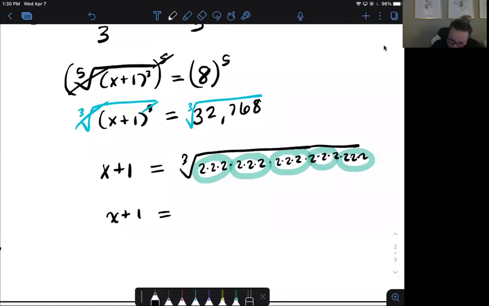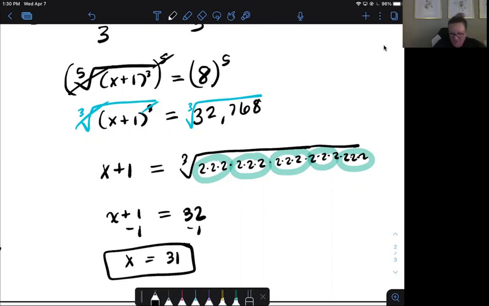So I figured out that the cubed root of 32,768 is 32. And 2 to the 5th, or 2 times 2 times 2 times 2 times 2, is 32. And if you double check that, 32 times itself 3 times is in fact 32,768. Then we're going to subtract 1 to both sides, and we get x is equal to 31.